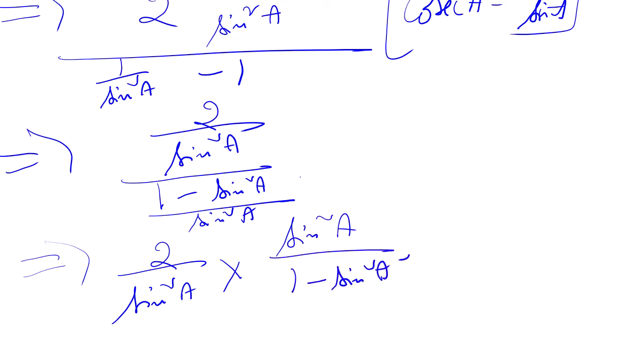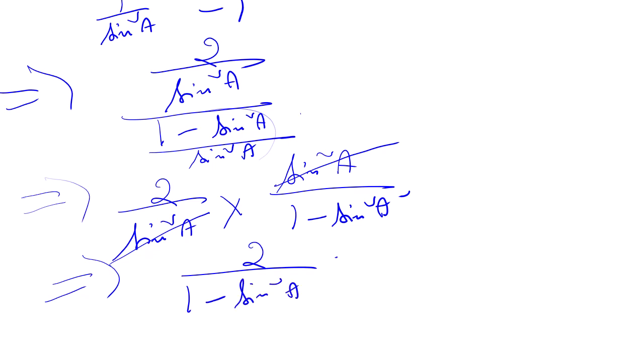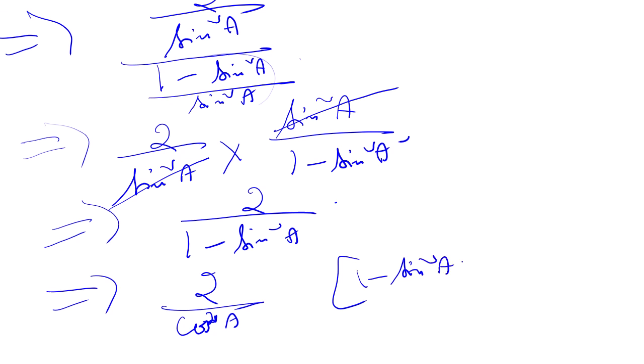Now I have taken the reciprocal of this fraction. So sine square A cancels. So this becomes equal to 2 upon 1 minus sine square A. But 1 minus sine square A is cos square A. So this implies 2 upon cos square A. This is because 1 minus sine square A is equal to cos square A. Okay.